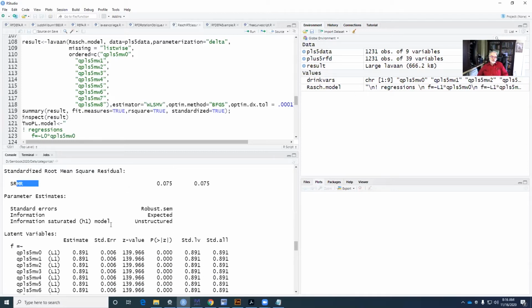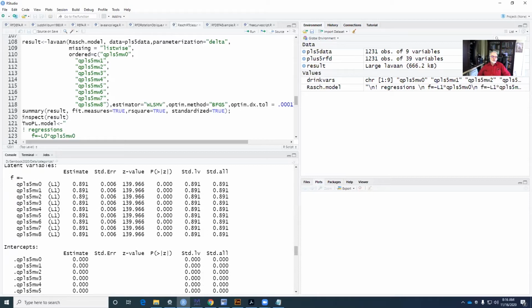It defaults to giving me robust standard errors. And downstairs, here are my unstandardized solutions, the standard error, the Wald statistic, that's an approximate z-test, and the standardized solution, where all of the X's and all the Y's, everything in the model is standardized.